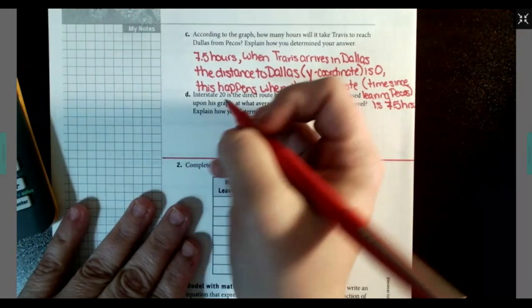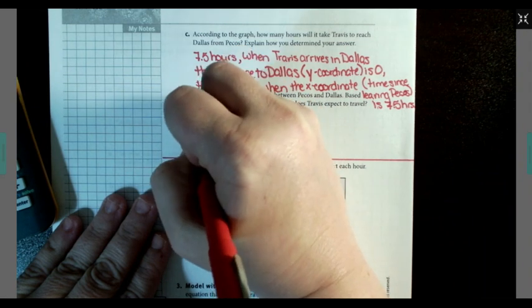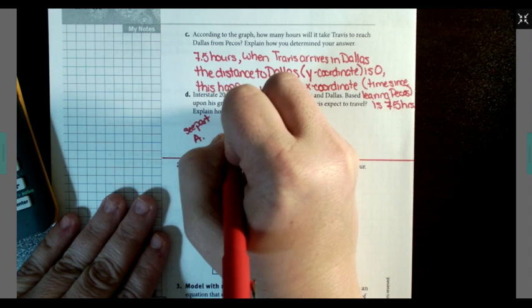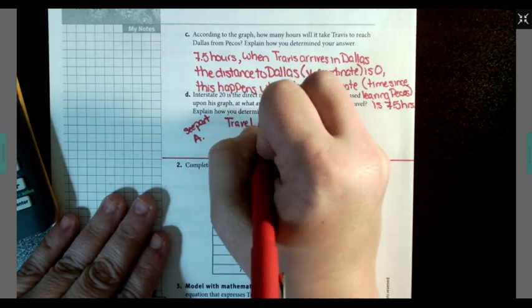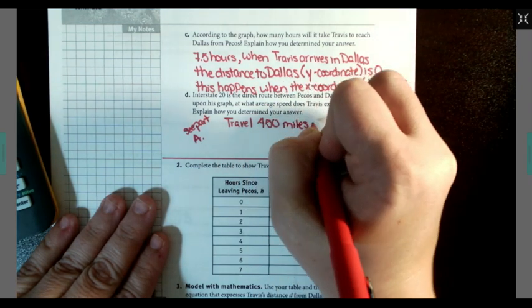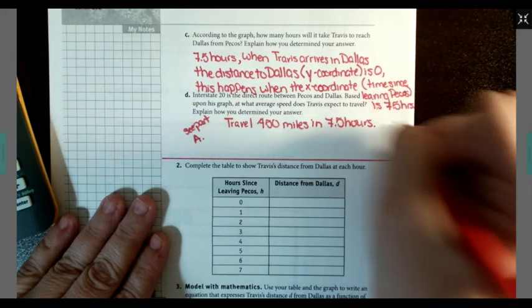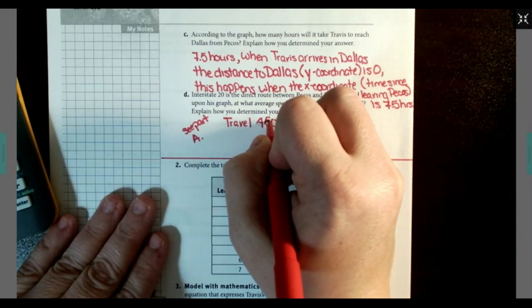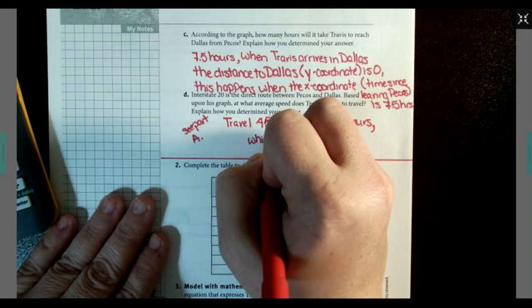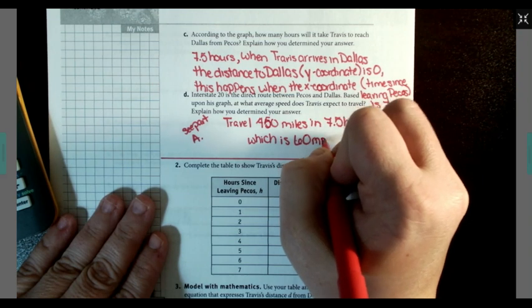Well, I actually found this in part A. See part A. You travel 450 miles in 7.5 hours, which is 60 miles per hour.